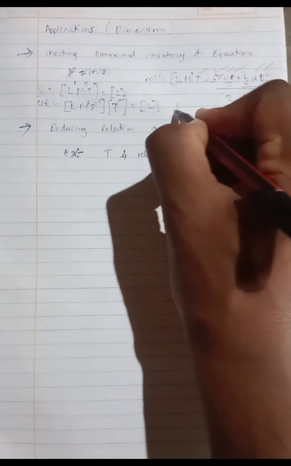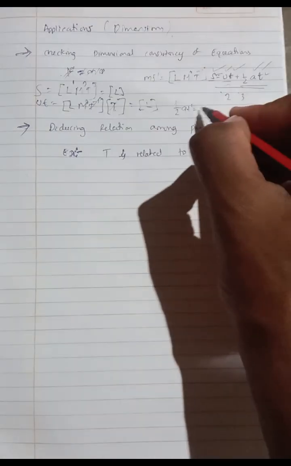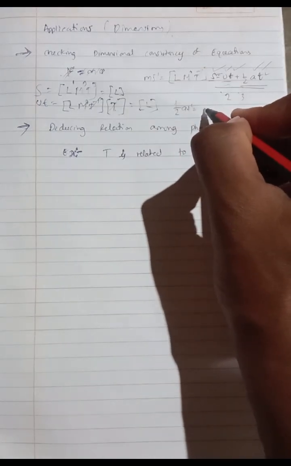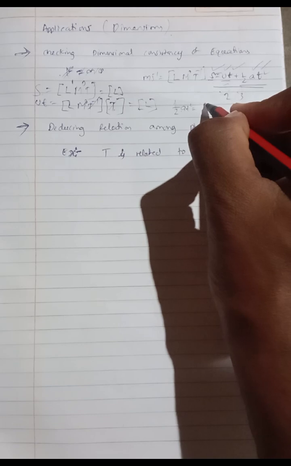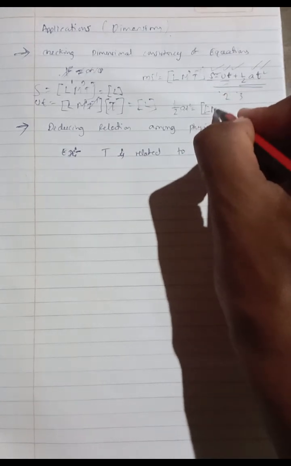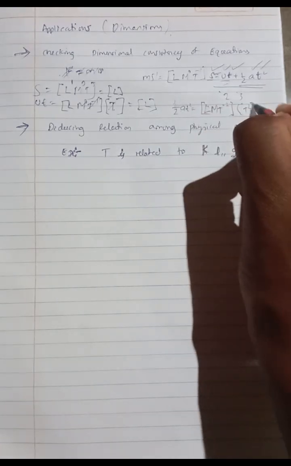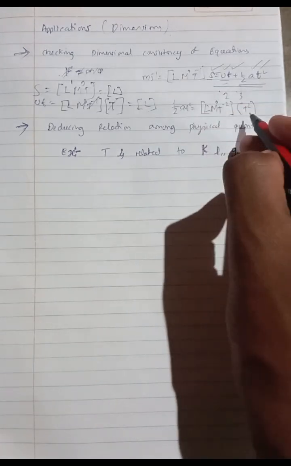Next, let's get to the third term, half at square. Half is just a constant, leave it. And acceleration we have found earlier, you can go back and see in the video, that is L M0 T minus 2. Now for t, that is t square. M is 0 for acceleration.